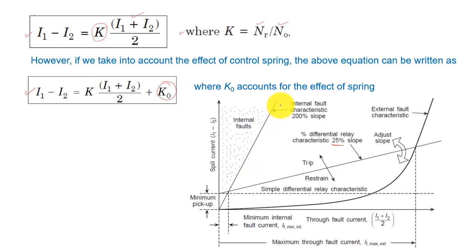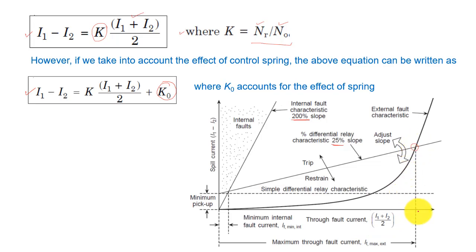We already discussed how it came to be 200% slope. The relay characteristic can be changed by changing the number of turns in the restraining and operating coils. Here it is taken as 25%, and therefore the maximum through fault current has been increased to this value.